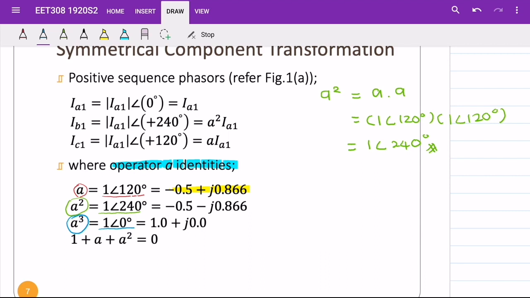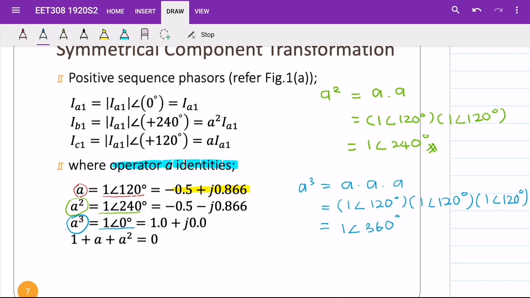So how do we get this value for a to the power of 3? a to the power of 3 equals a times a times a. So we multiply 120 degrees three times, and we will get 1 with angle 360 degrees, or we can write it as 1 with 0 degrees.